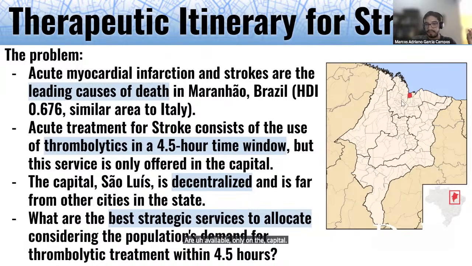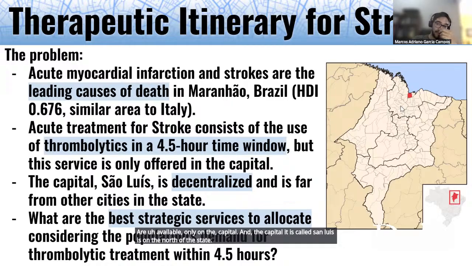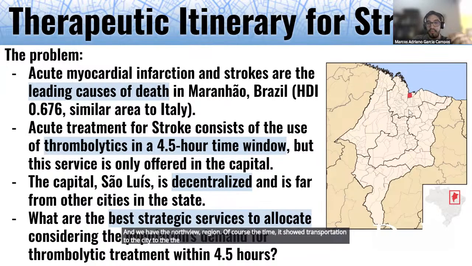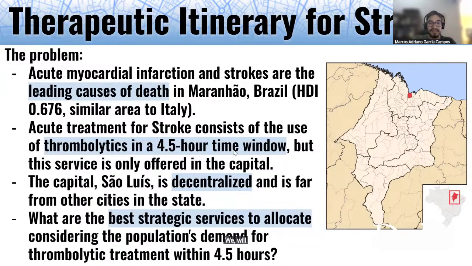The capital is called São Luís, in the north of the state. So if we think it has the same area as Italy, and we have a region in the north, of course the transportation time to the capital will be more than 4.5 hours. And that is a problem.